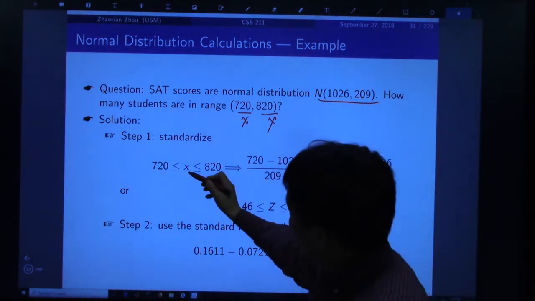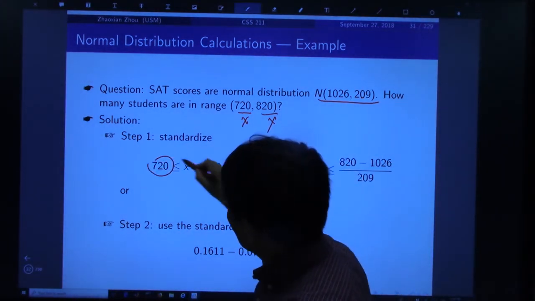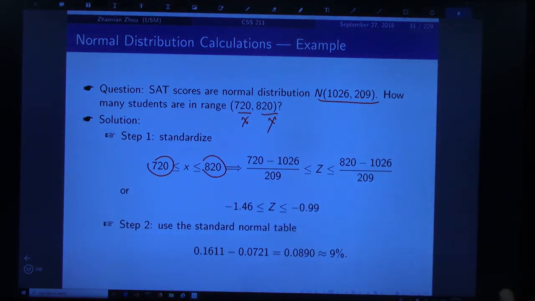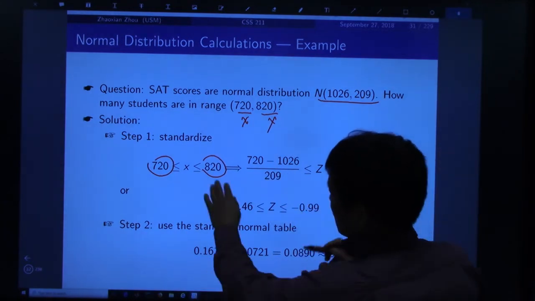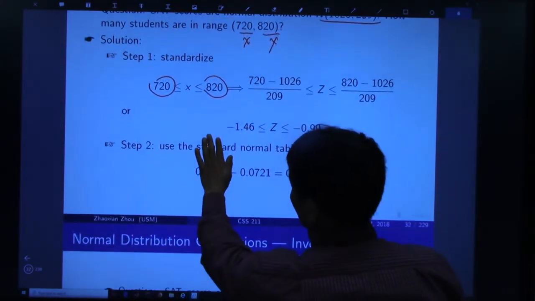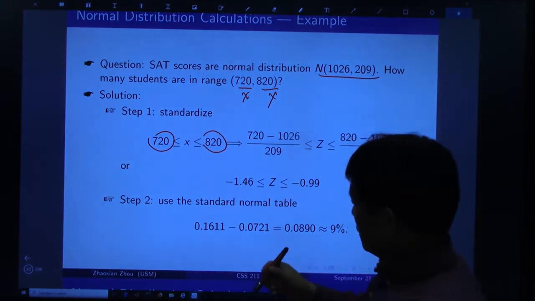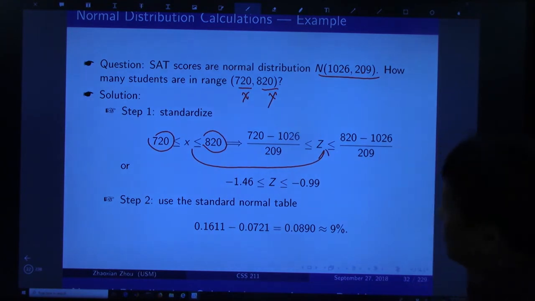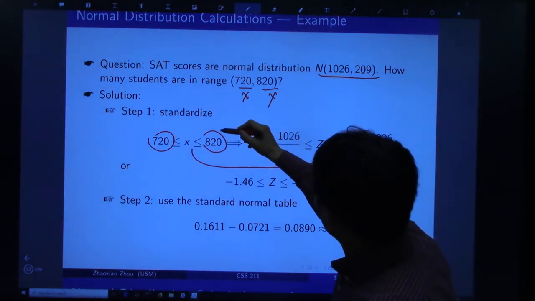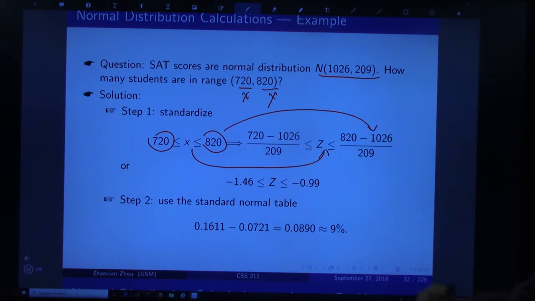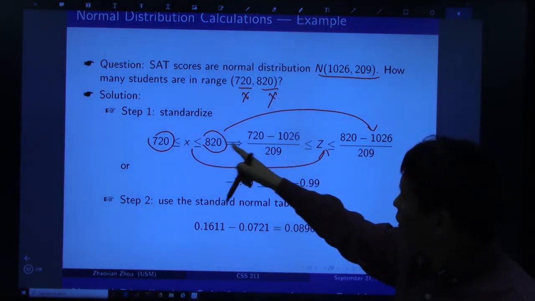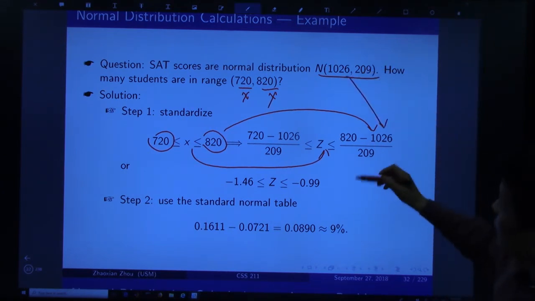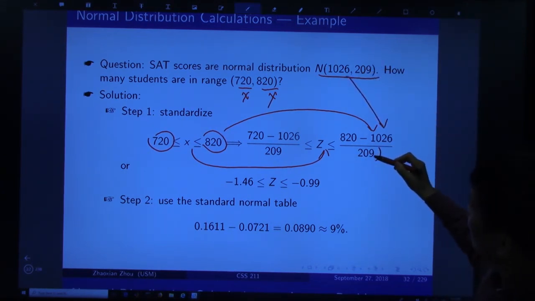So x is within this range: greater than or equal to 720 and less than or equal to 820. Each x will be changed into a z-score. The z-score for 820 equals 820 minus the mean, divided by the standard deviation.